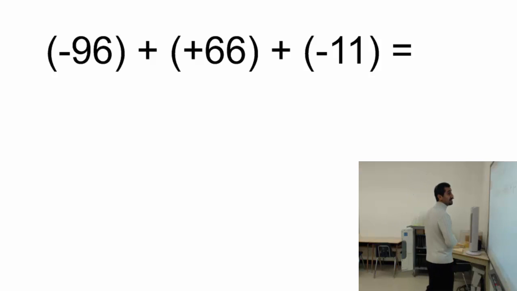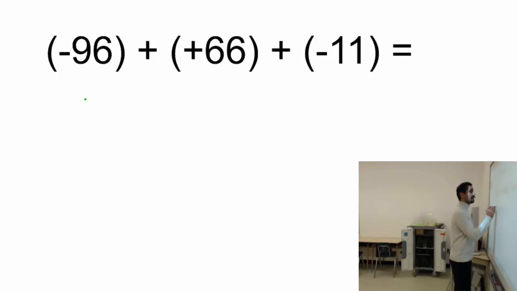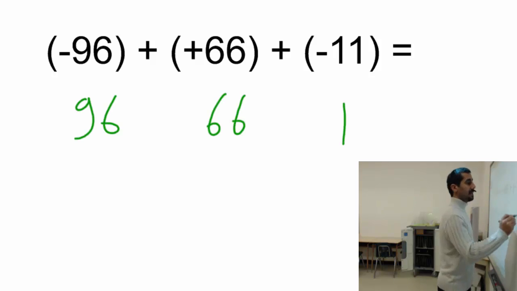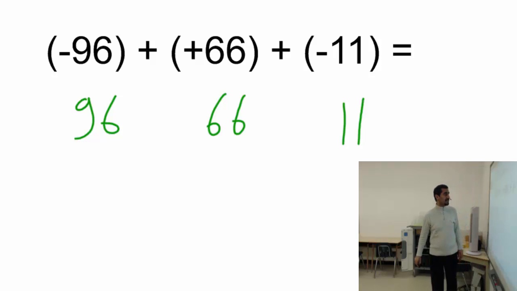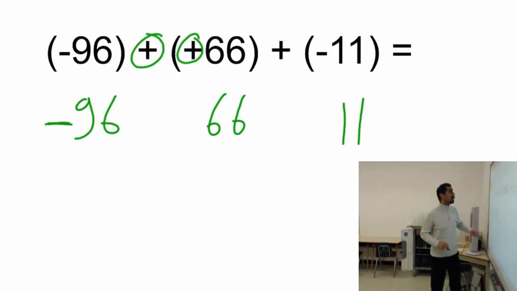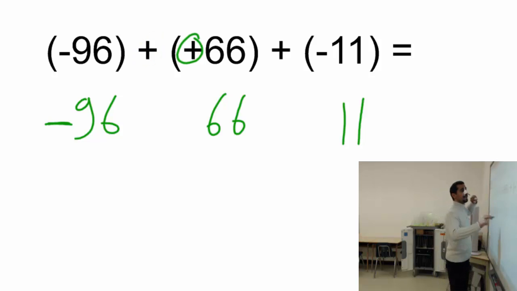So now we have 3 numbers here. Let's just bring them out of the brackets. Write down 96 here, 66 there, 11 there. Now I have to decide about the sign. There is just one sign here, so that's going to come out as it is. Over here I have 2 positive signs, so I'm just going to ignore one of them.